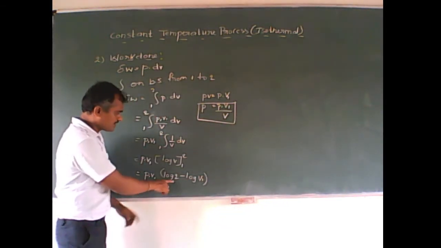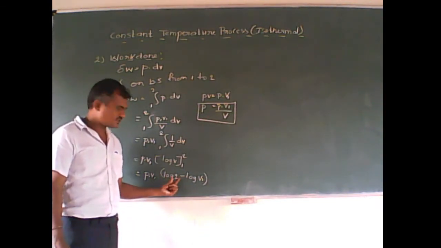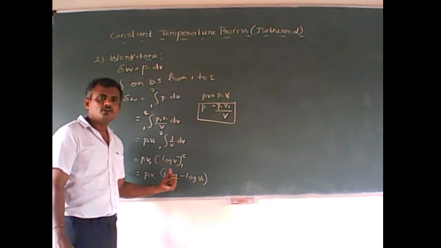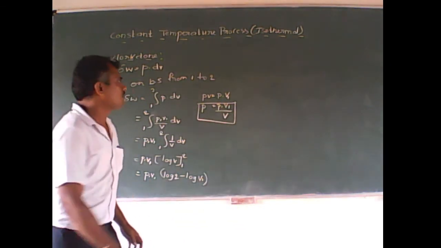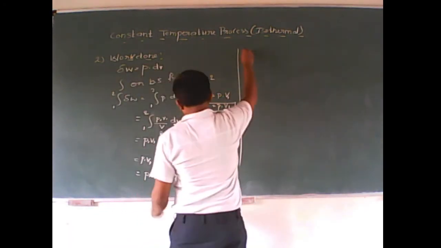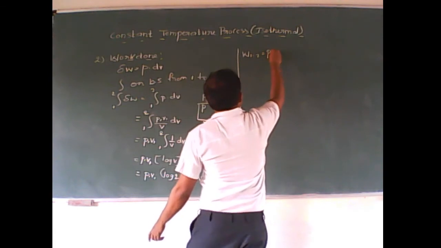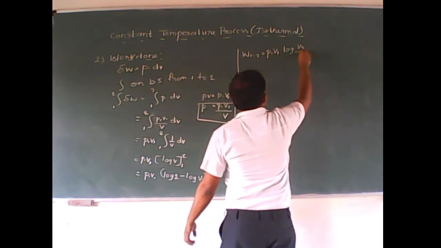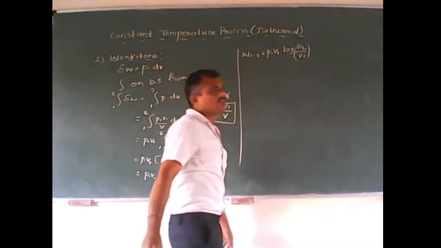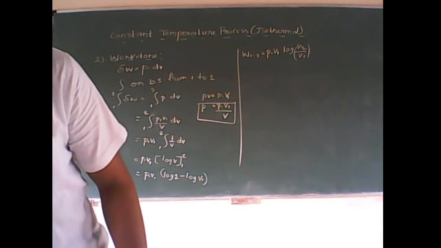Afterwards, according to the logarithmic rule, if there is a subtraction from log 2 to log 1, we can write it as log 2 divided by log 1. So the work done during the 1 to 2 process equals P1 V1 into log V2 divided by V1.